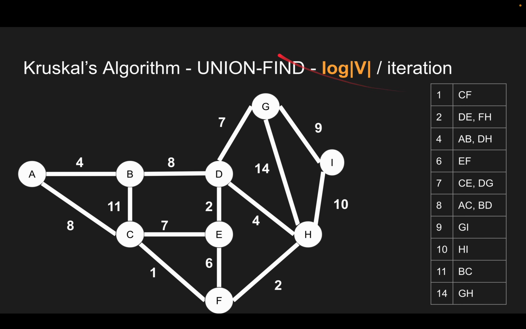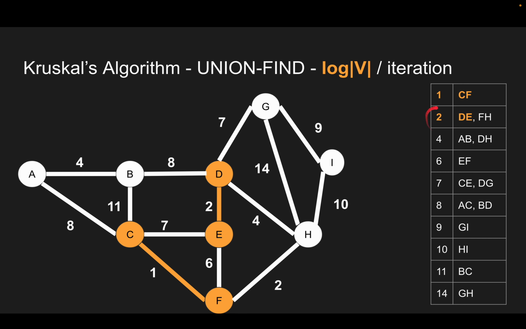For each iteration, we will use the union-find algorithm to determine whether the current edge forms a cycle with the current spanning tree. We pick the smallest one, and since the current spanning tree is empty, it will not form a cycle.